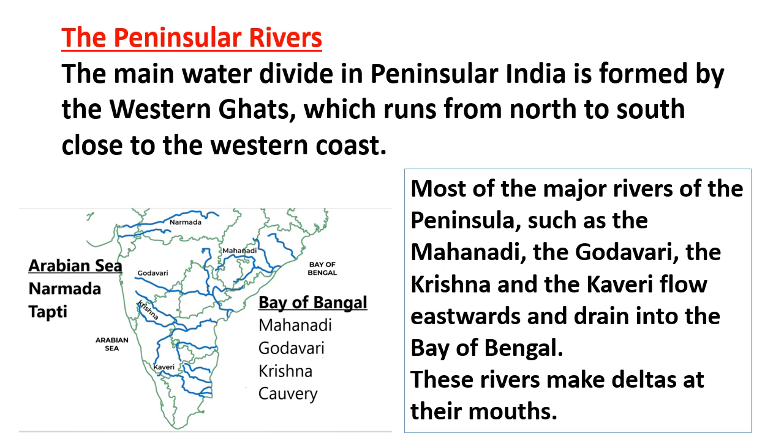The Peninsular Rivers. The main water divide in peninsular rivers is formed by the Western Ghats, which runs from north to south, close to the western coast. Most of the major rivers of the peninsula, such as the Mahanadi, the Godavari, the Krishna, and the Kaveri, flow eastwards and drain into the Bay of Bengal. These rivers make deltas at their mouths.